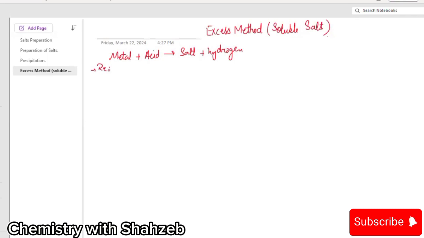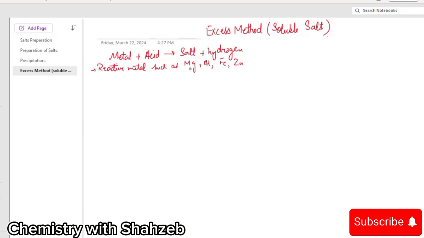The important thing that we need to discuss here is that only reactive metals such as magnesium, aluminium, iron, or zinc are used when reacting metal with acid. Why?